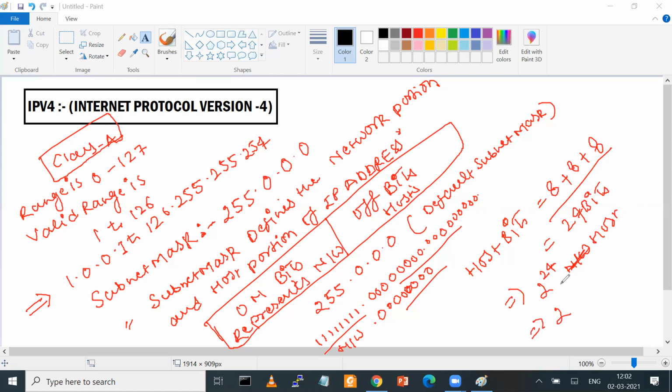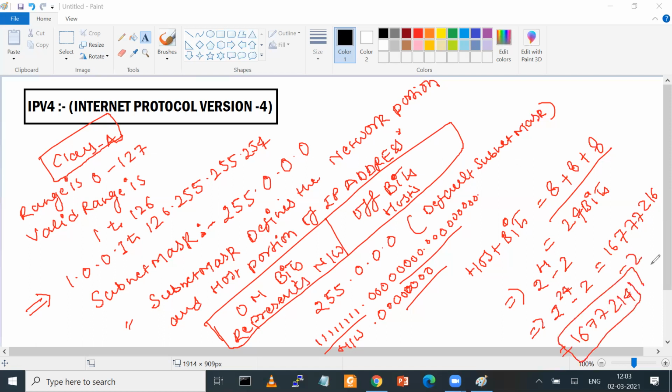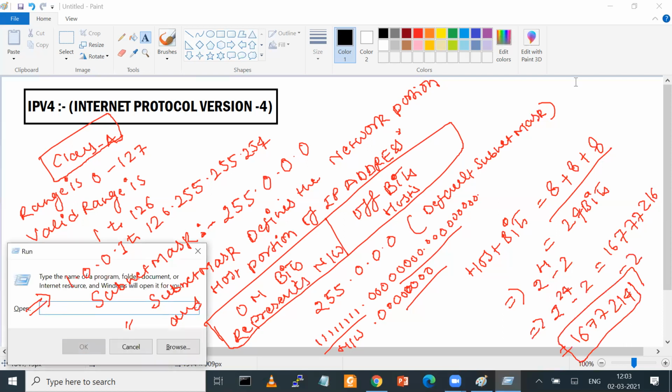And host calculation formula is 2 raised to the power h minus 2. It is in base. So if I put the value, host bit 24 minus 2. So 16777216 minus 2, 16777214. These number of machines we can add in case of class A. So host bit defines number of users or number of machines which we can connect in particular class.